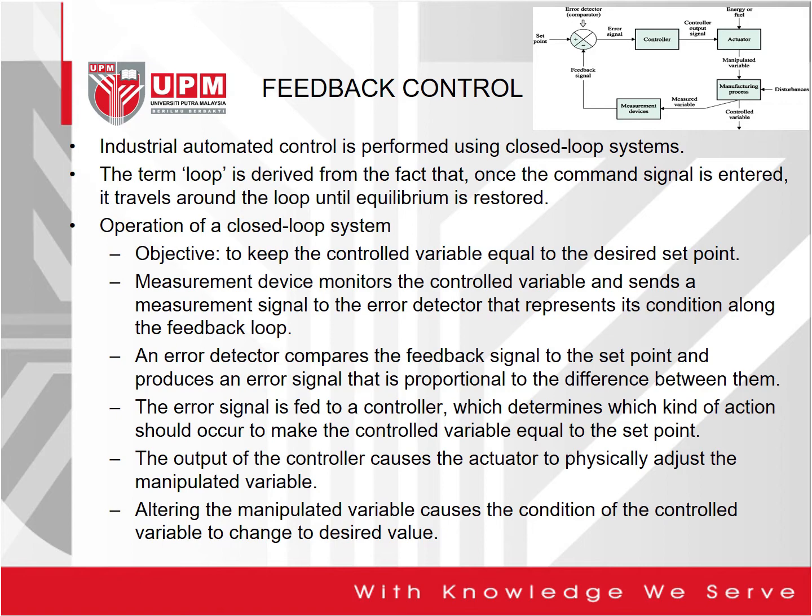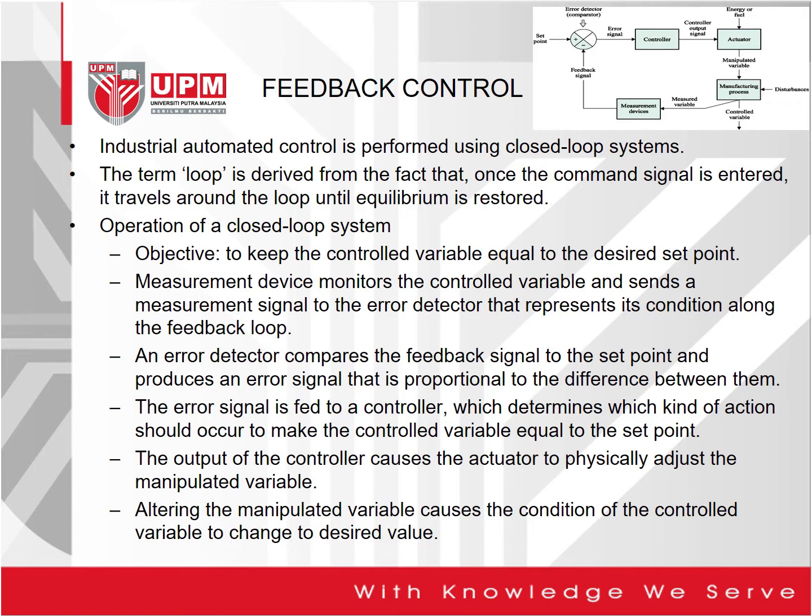The term loop is derived from the fact that once the command signal is entered, it travels around the loop until equilibrium is restored. The objective of the closed loop system is to keep the control variable equal to the desired set point.